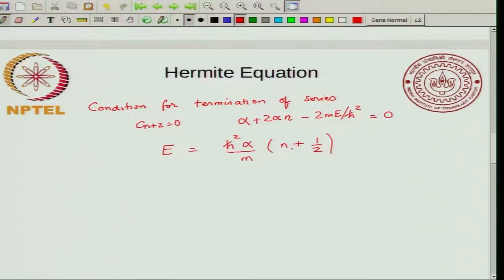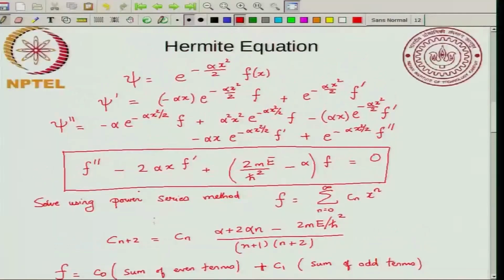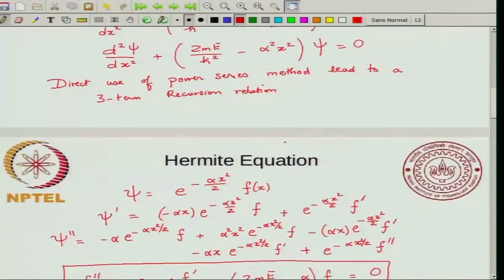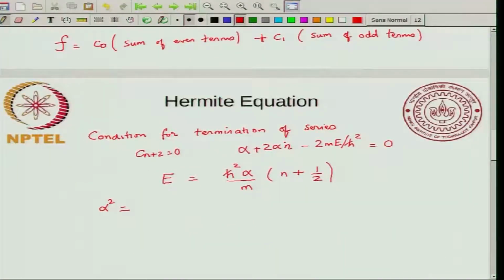Now remember alpha squared, if you go back to where we got alpha from, we said alpha squared is mk by h bar squared. So alpha squared is m times k by h bar squared.